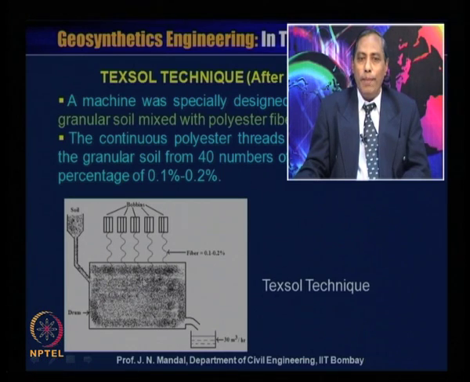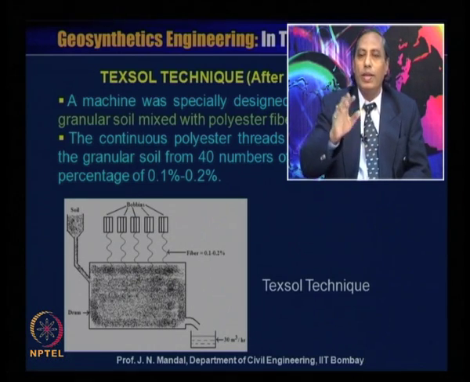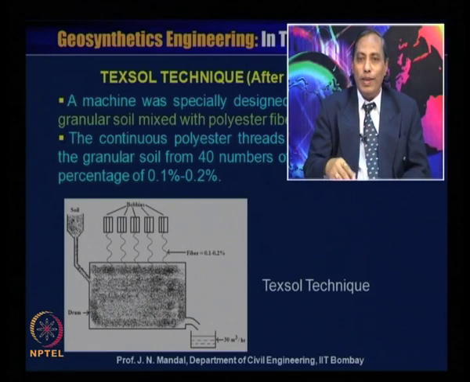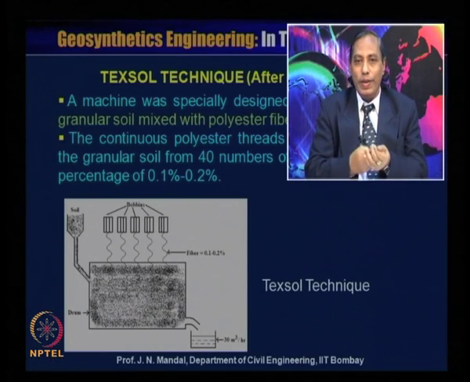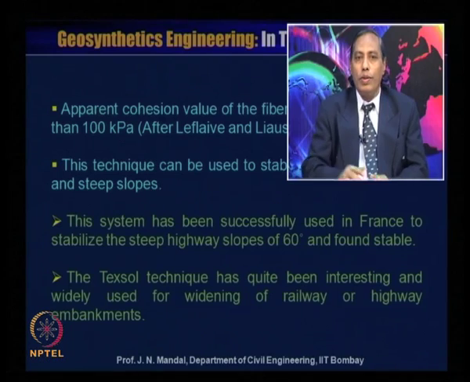It is a mixture of the soil and the thread, and then you place it on any kind of slope, and after some time green grass will grow and it looks very green. It has been used extensively in France, and you can see bobbins at a weight percentage of only 0.1 to 0.2 percent.